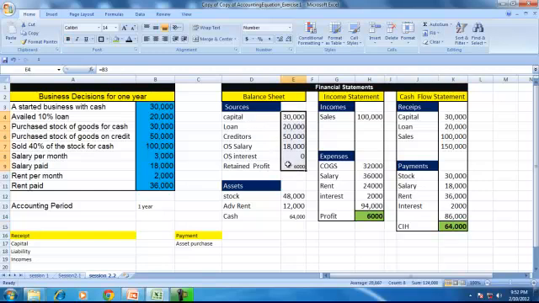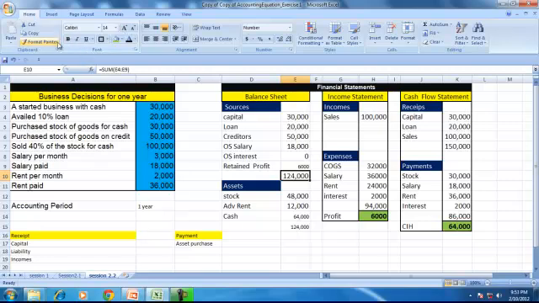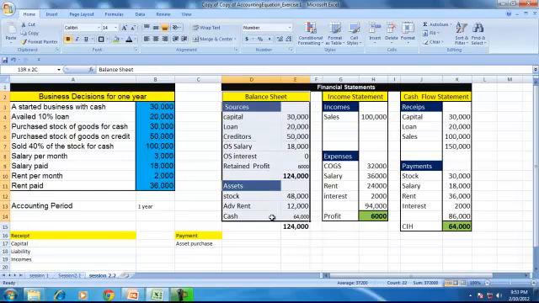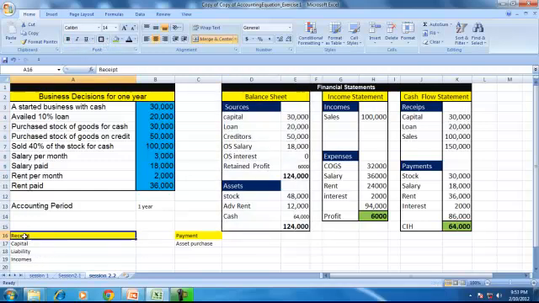So we'll now total the asset side and total the sources side, and the asset side has to be equal to the sources side, which is the case because the accounting equation has to tally and will tally.